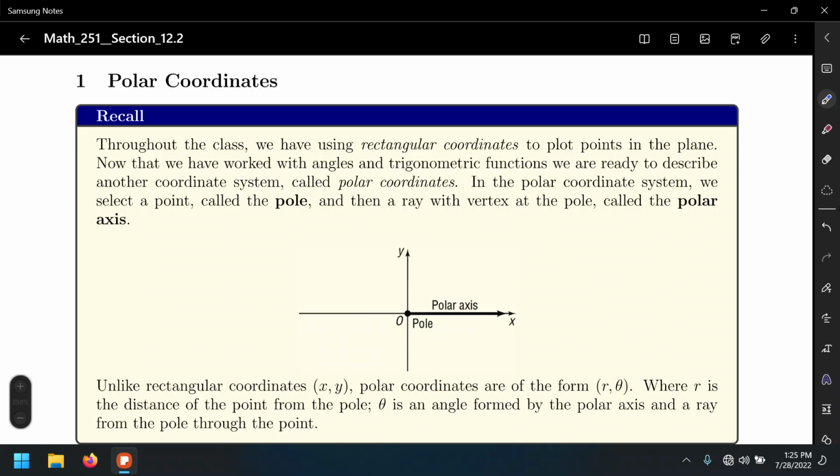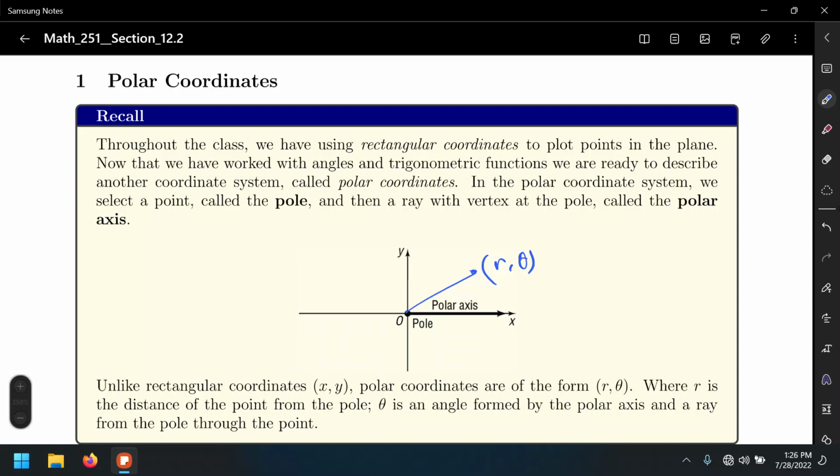So you can think of it as facing towards the positive x-axis, and how far it is going to be is the distance or the radius. And if we start panning in the counterclockwise direction, that's going to be our angle. In this case, the points are going to be r comma theta as opposed to x comma y.